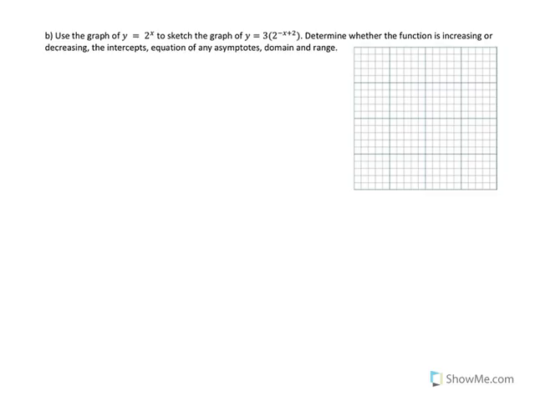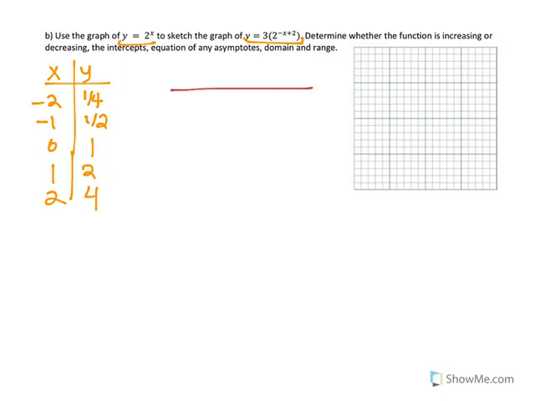So for example 2, knowing that we just graphed y equals 2 to the power of x, and we had a function of x and y: -2, 1/4; -1, 1/2; 0, 1; 1, 2; 2, 4. We're going to now graph with this transformations.